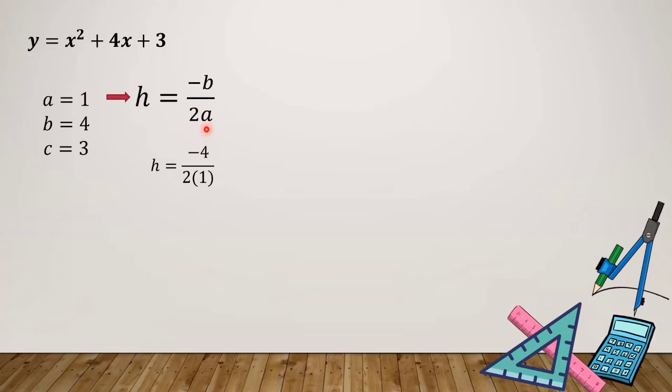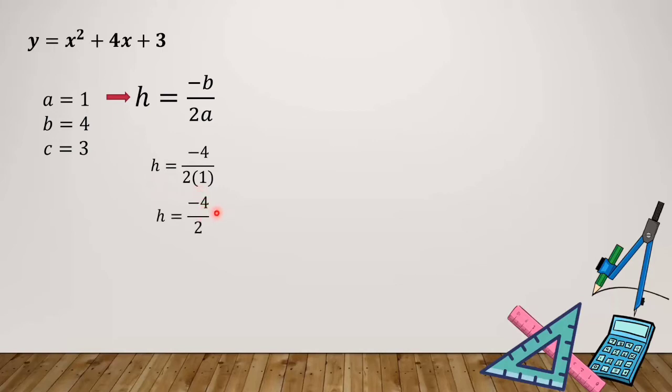Again, we substitute the value of b, which is 4, then the value of a, which is positive 1. So it will become h is equal to negative 4 over 2 multiplied by 1. So 2 multiplied by 1 is equal to positive 2.